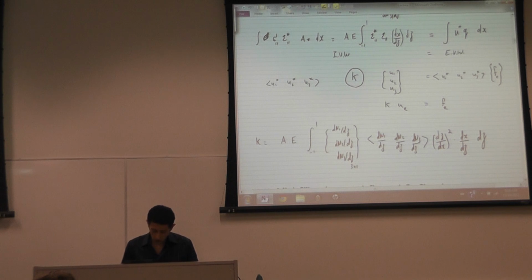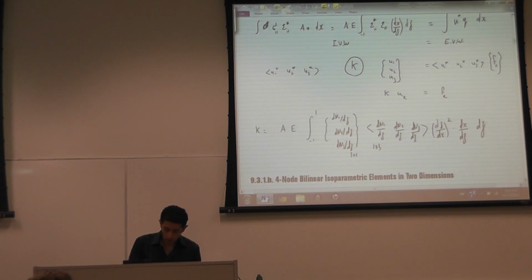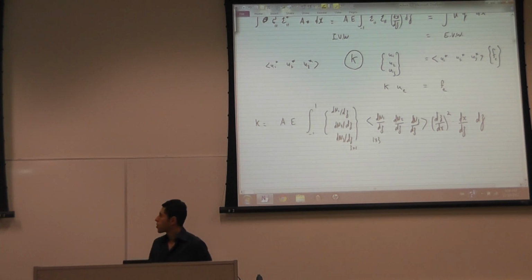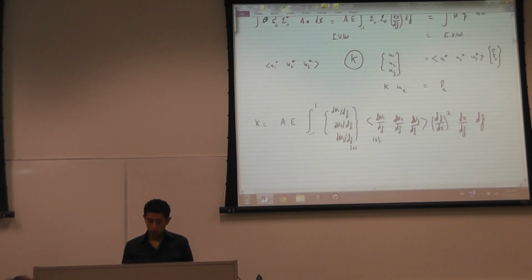so 3 by 1, 1 by 3, you get a 3 by 3 matrix. So the stiffness matrix will look like this. Have a 3 by 3 matrix, all these entries, dn1 by dxc, dn2 by dxc, dn3 by dxc, these will never change.